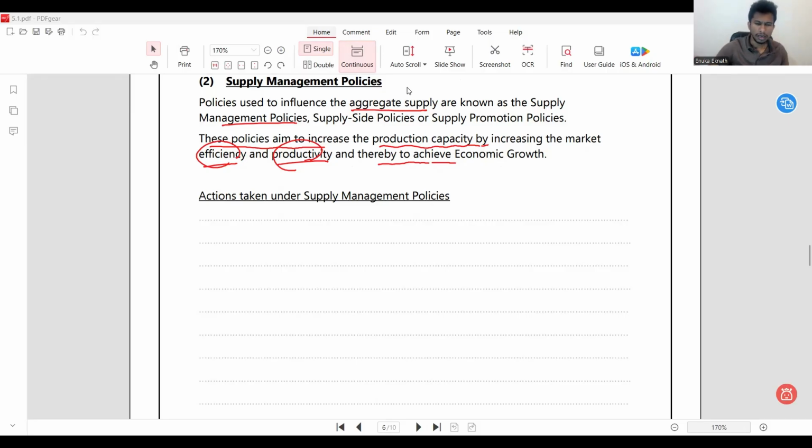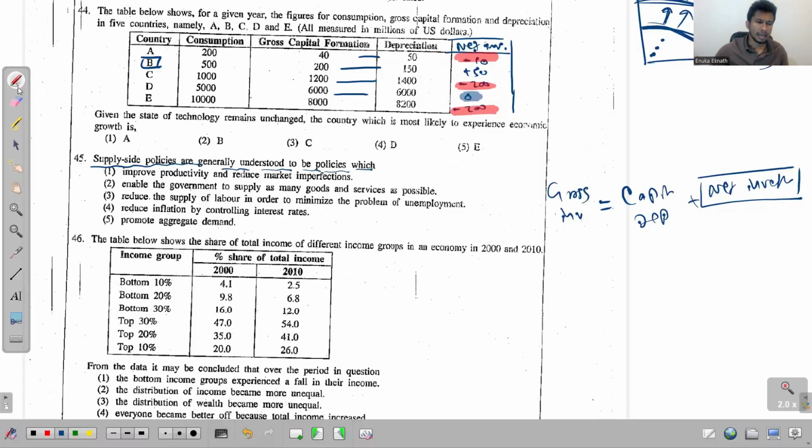All right, so let's go back to the question. It says supply side policies are generally understood to be the policies which improve productivity and reduce market imperfections. In this case, reducing market imperfections means reducing the number of monopolies, increasing healthy competition, removing barriers to trade, and making it easy to do business.